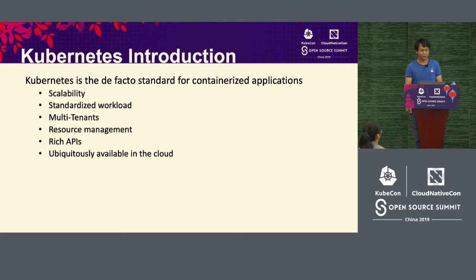We all know Kubernetes. It is the de facto standard for containerized applications. I've listed a lot of the advantages of Kubernetes. In terms of scalability, it can reach 5,000 nodes and 300,000 containers, and the number keeps increasing.